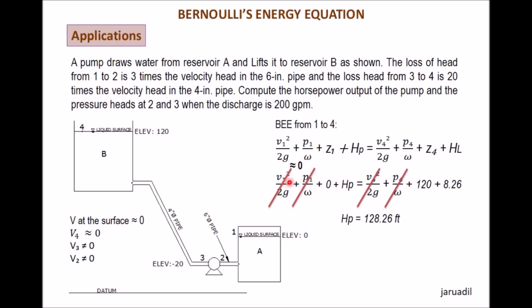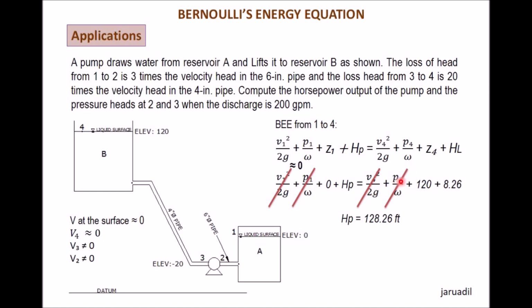So V1 squared over 2g is approximately equal to 0 since the velocity at point 1 is almost equal to 0. The pressure at point 1 is also equal to 0. So you cancel that. The elevation at point 1 is 0. That is given in the figure. And we don't know the pump head, so we just place here H sub P. Then the velocity at point 4 is 0. So that is the velocity at the surface.